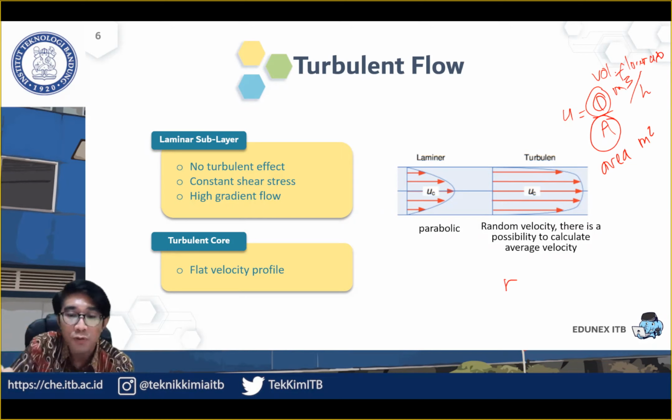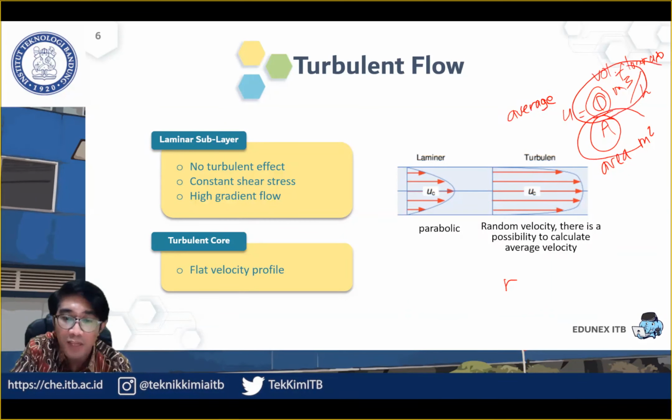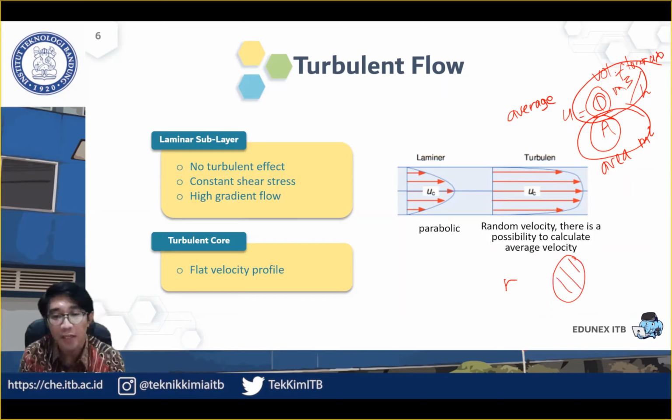Then how to calculate the average velocity? You just divide the volumetric flow rate by the area. What area? Area of the pipe. Cross-sectional area. Luas penampang dari pipanya.